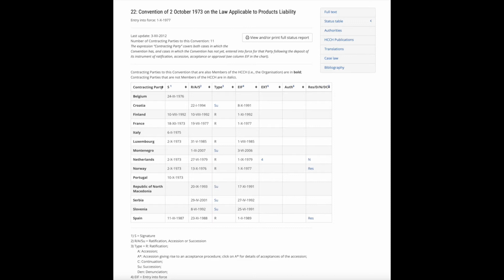So, in case of product liability, the courts in Spain, in France, and the other member states of the Hague Convention are going to apply the Hague Convention, and they are not going to apply the Rome II regulation. So, from a practical point of view, this is important.